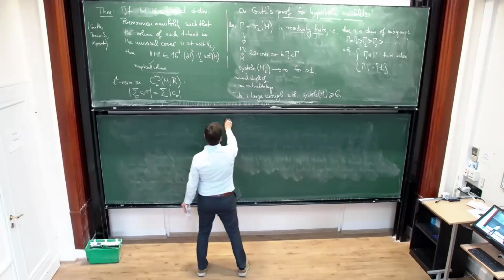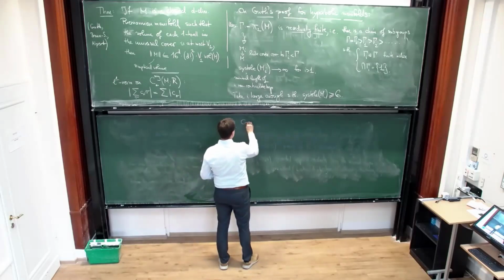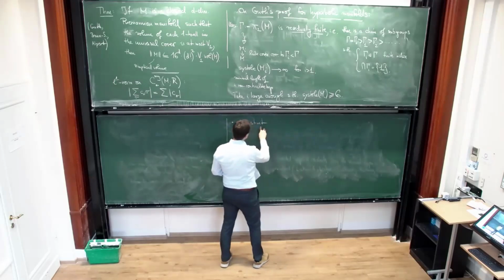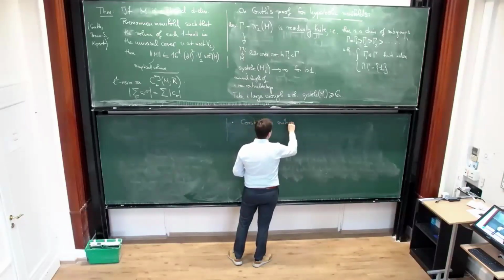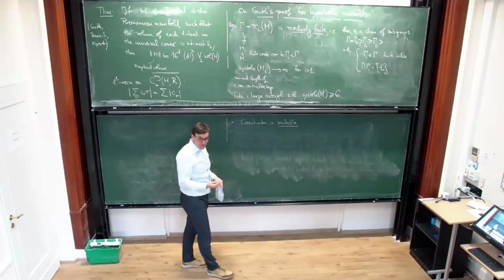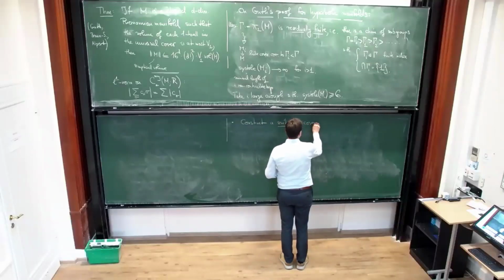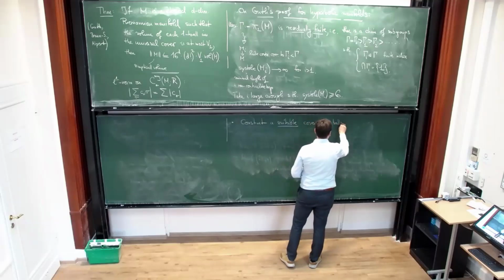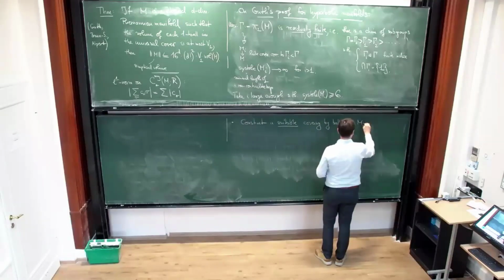And then what he does, and this is the hard part now, and I make life easy for myself by saying: using the geometric conditions, construct a suitable covering by balls on M_i.